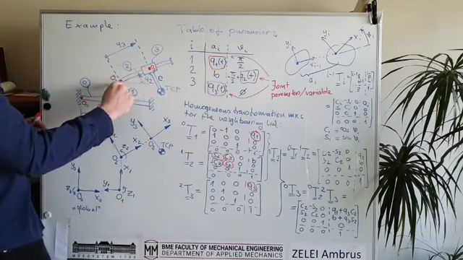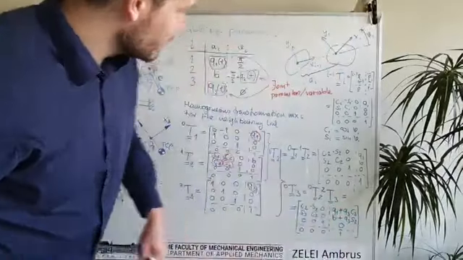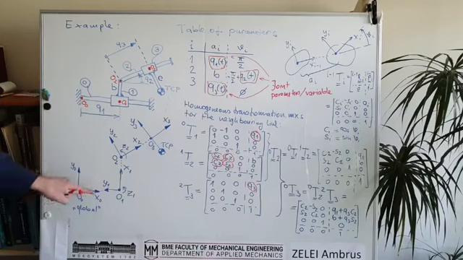It's maybe much more visible here. So physically the vector gives the position of the origin relative to the global frame.